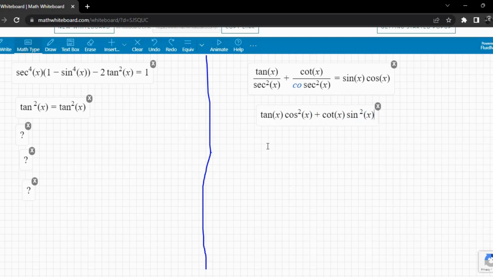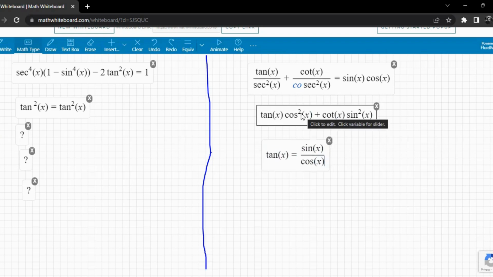Now we know that tan of x is simply sin of x by cos of x, so the cos square cancels out partly, and this simply becomes sin of x times cos of x plus, again, the same thing.